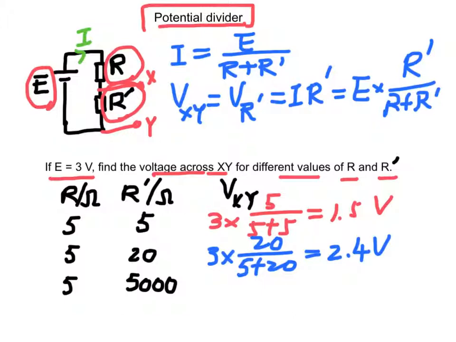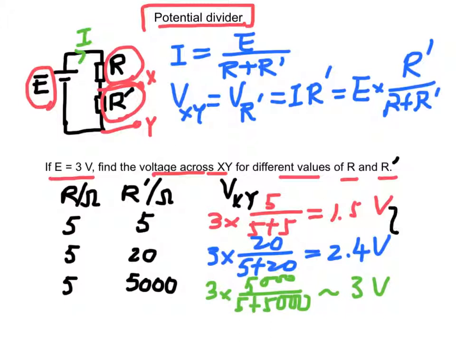For the last one, R is 5 ohms and R pi is 5000 ohm. Then we have V across XY equal to 3 times 5000 over 5 plus 5000, which is approximately equal to 3 volts.